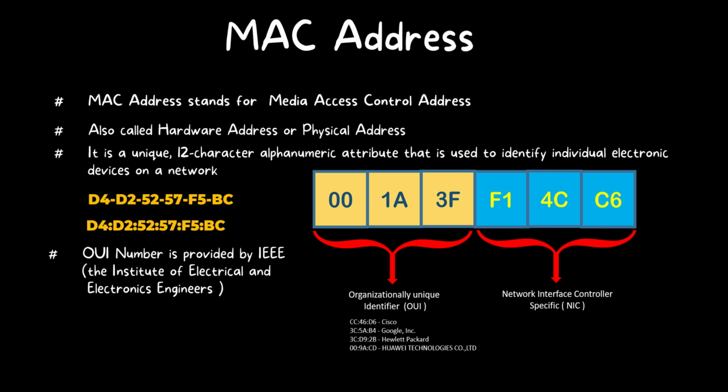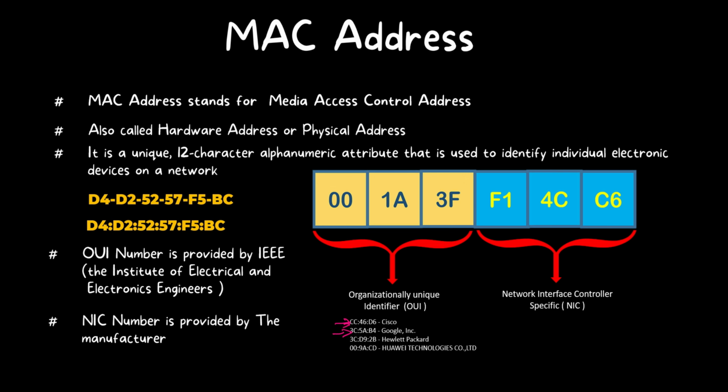It's a Cisco device because this is the OUI of Cisco. And if you see another device in your network with a MAC address starting with 3C5AB4, then you can say this device is manufactured by Google. It's a device from Google. In this way, we can identify the manufacturer of a device from its OUI.